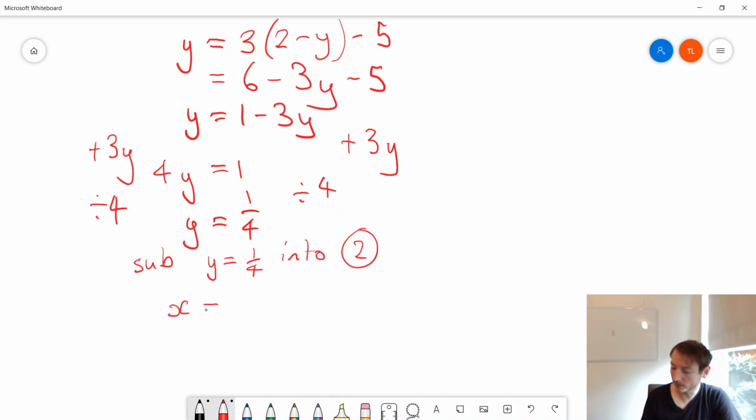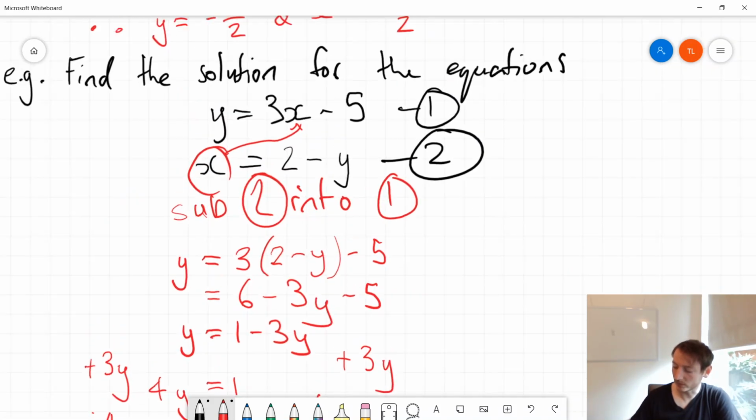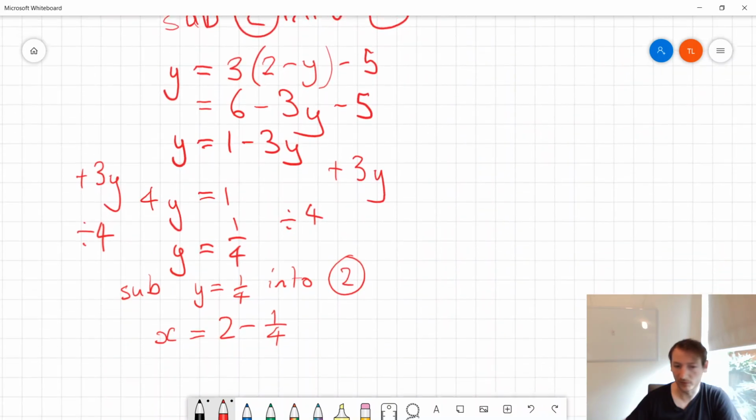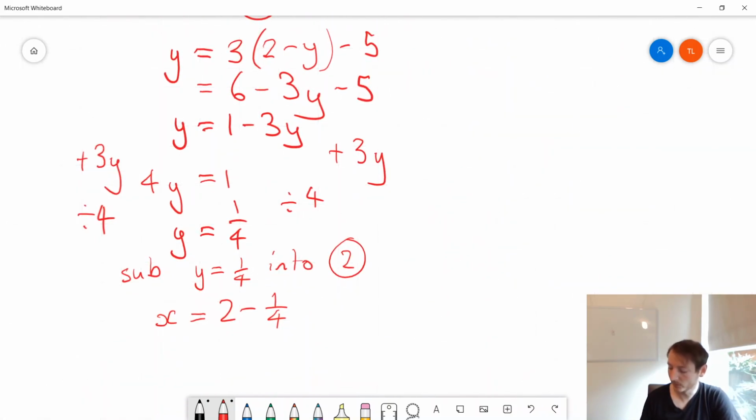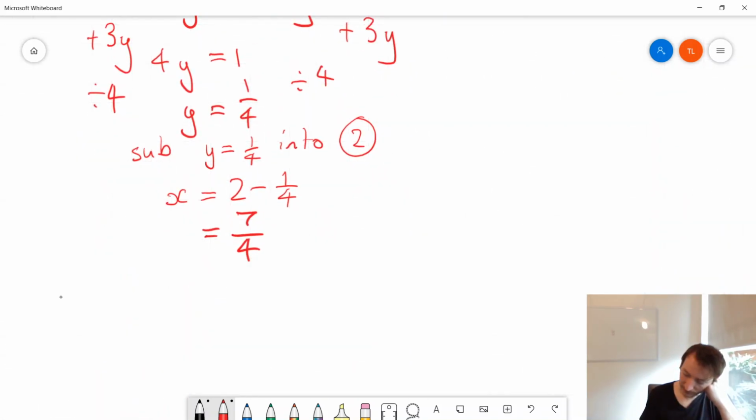You get x equals 2 minus, well, instead of y, which was up here, I'm using my new value for y, 1/4. And that's going to equal 7/4. So therefore, x equals 7/4 and y equals 1/4.